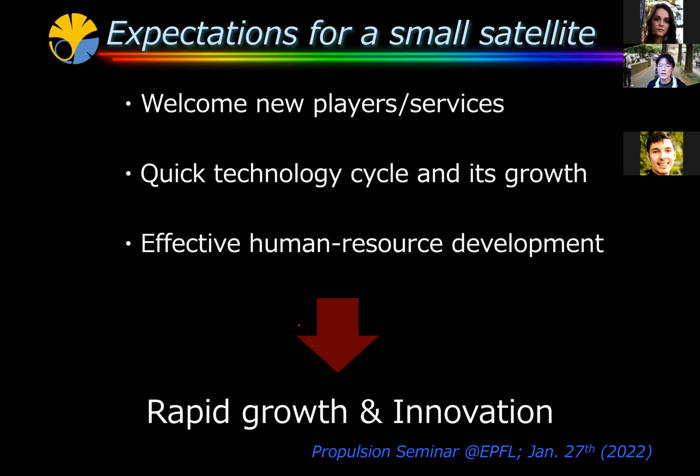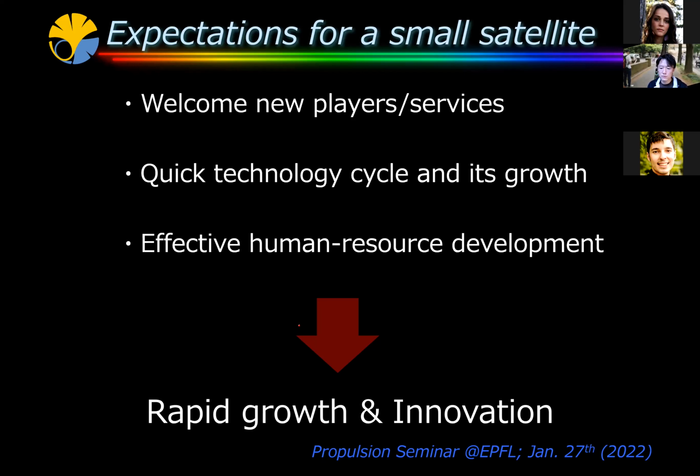Simply, the satellite size is decreased. Rather than a 1 ton satellite, a 1 kilogram satellite can be cheaply developed and cheaply launched. So low cost development is very welcome for new players. Also, a quick technology cycle and its growth are expected.